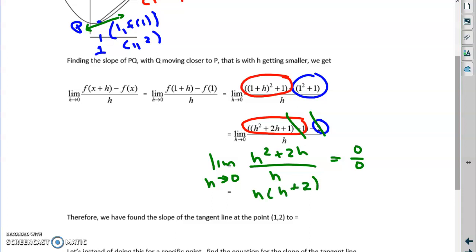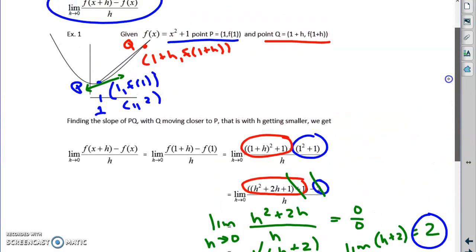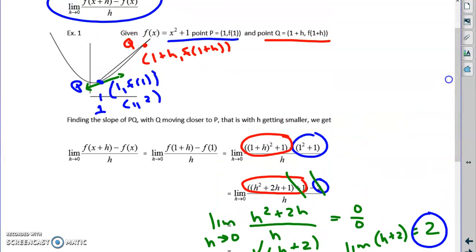Pull the h out. h plus 2 over h, cross out. And don't forget, that was just taking care of 1h. Now we've got to plug the 0 in for h, which gives us 2. What does 2 mean? 2 is the slope of that tangent line right there.